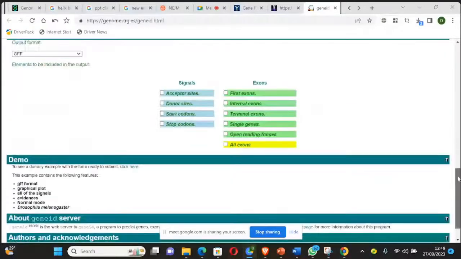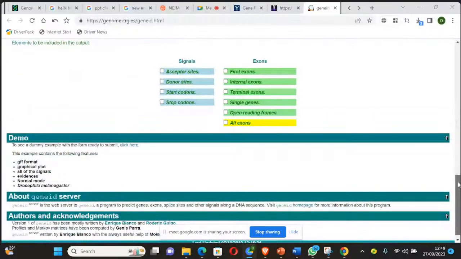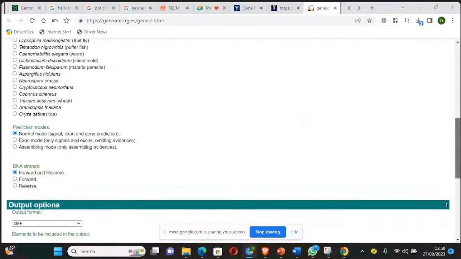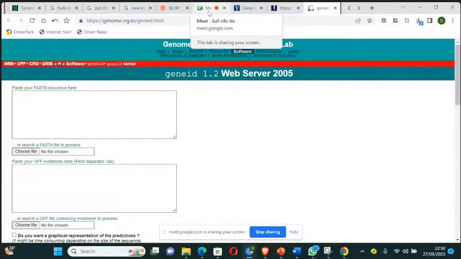From there, you can know the function of that gene and the role it is playing. That's why they were able to come up with the BRCA1 and BRCA2 genes, which are involved in breast cancer.